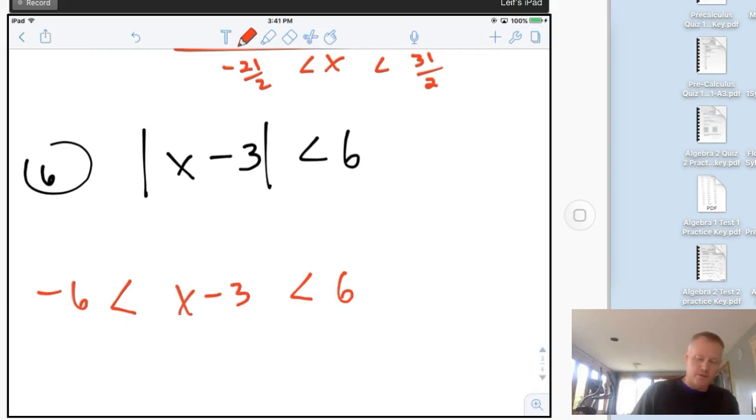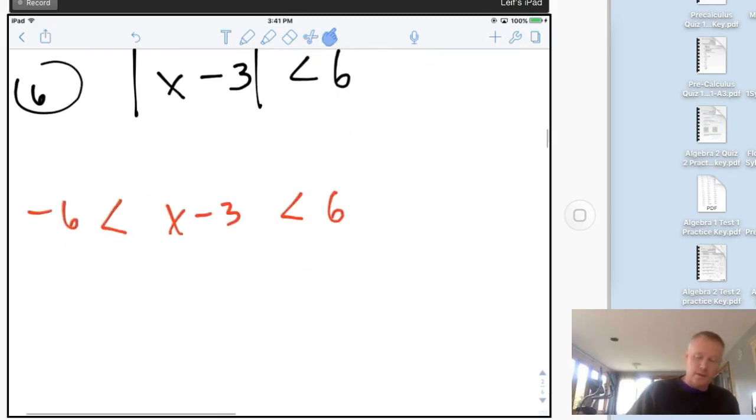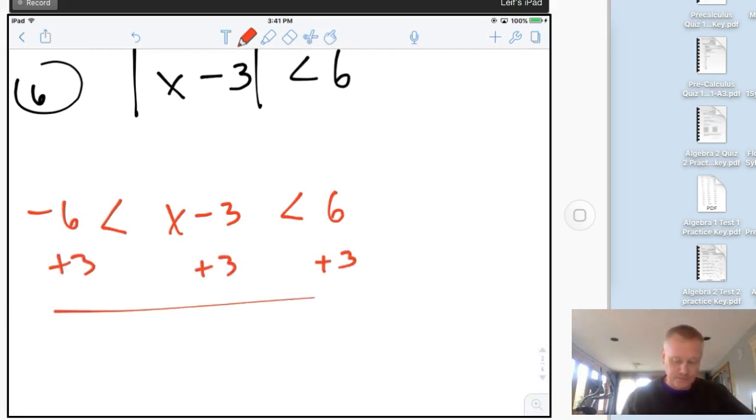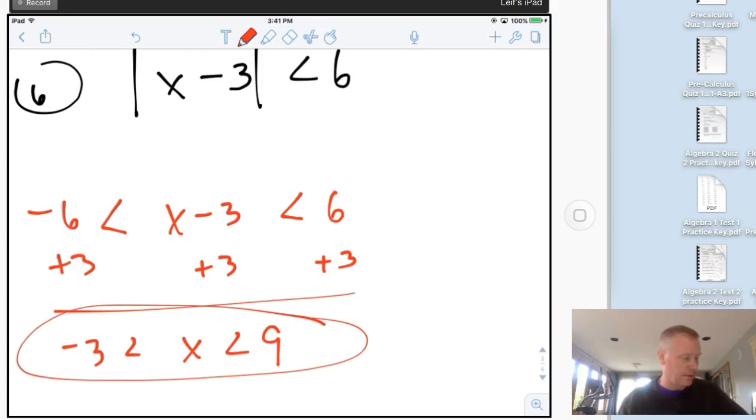And it's x minus 3. And this is a pretty easy way to solve it. I think it's kind of neat. And this works just if it's less than. So now I can add 3 to all three parts here. And I get negative 3 is less than x, which is less than 9. And that would be your answer.